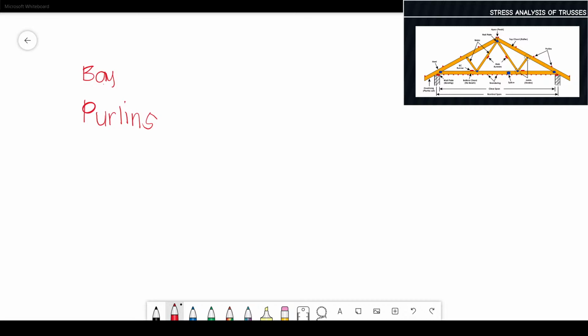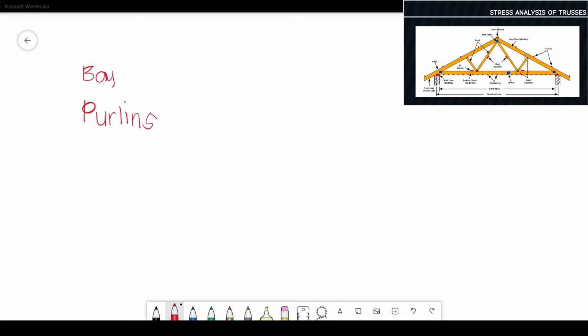Next is span. The span of the roof truss is the horizontal distance between the supports. So from here to here, that is our span.